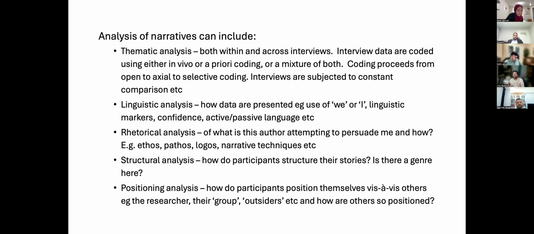And the different types of this analysis of narrative: there's thematic analysis, and we do thematic analysis within and across interviews. Interview data are coded either in vivo, where we start with a transcript and code what people say, and we build up a coding frame from the transcripts, and then we refine that.